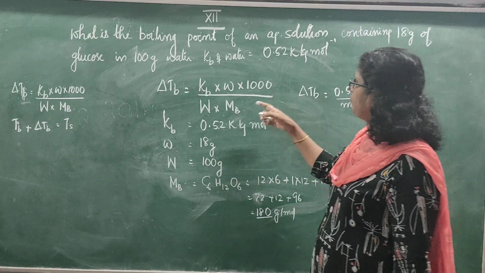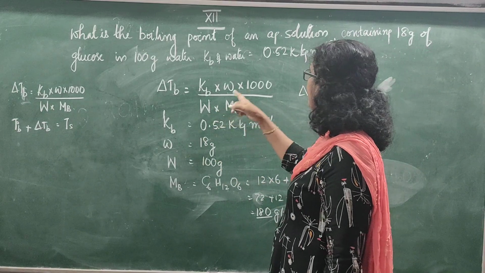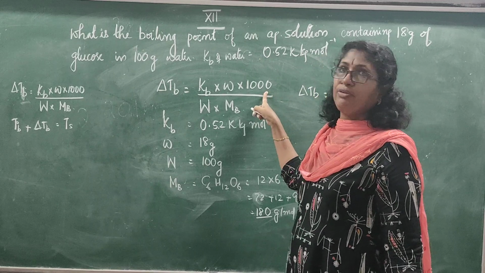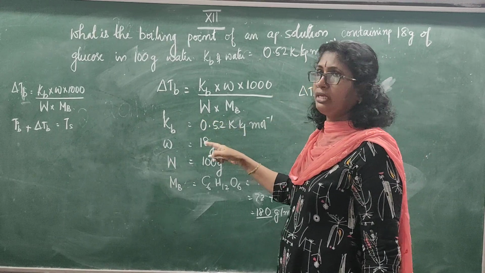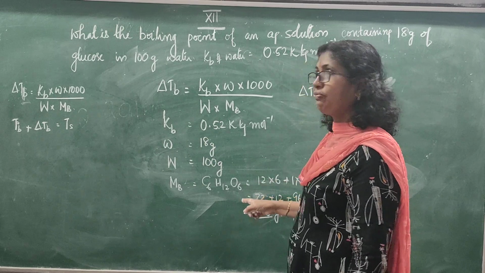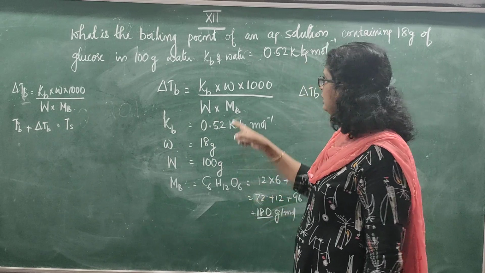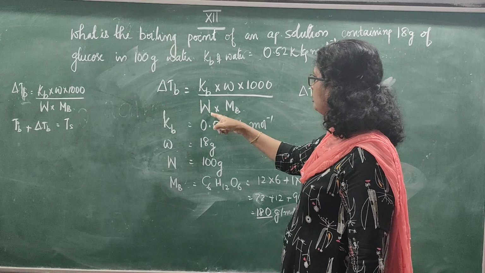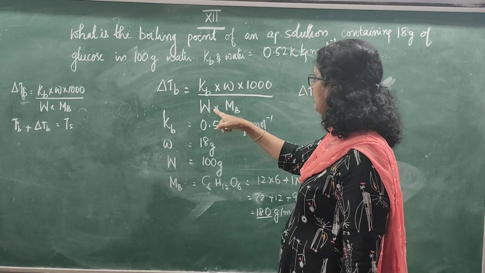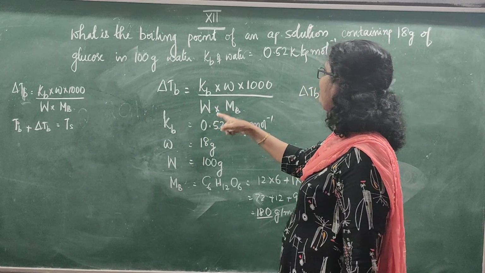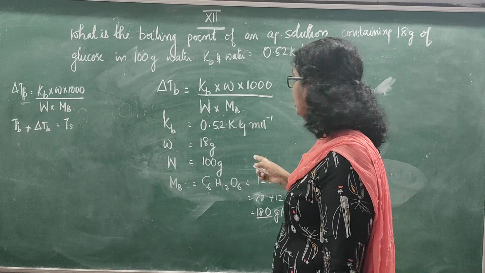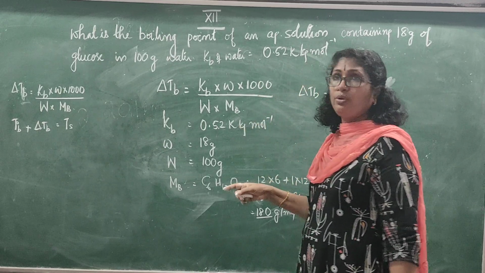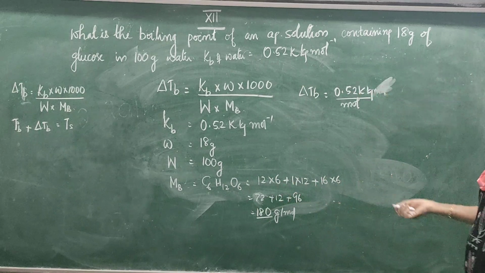See, we already converted this gram to kilogram. That is why you multiplied with 1000, isn't it? And always molar mass we find out in gram. So to convert this into kilogram we are already dividing with 1000. That's why this 1000 came here. So no need to convert this into kilogram because the conversion is already done.